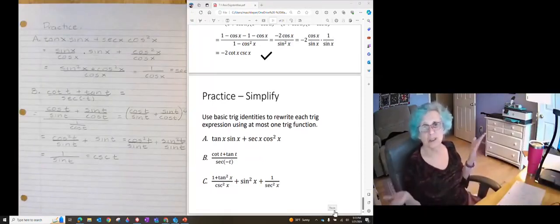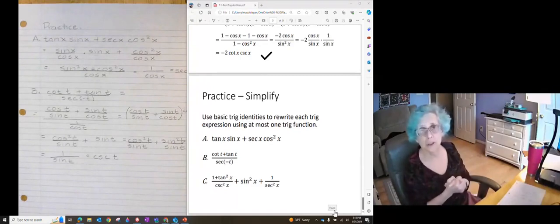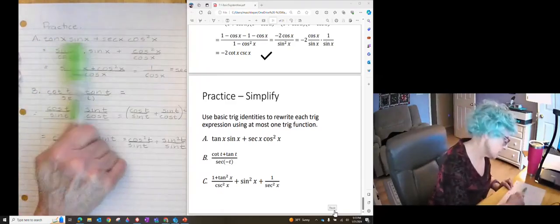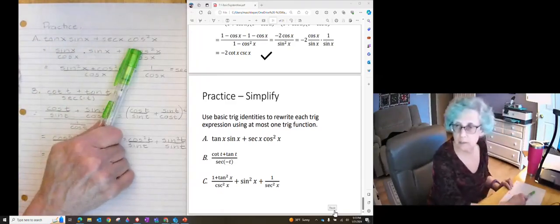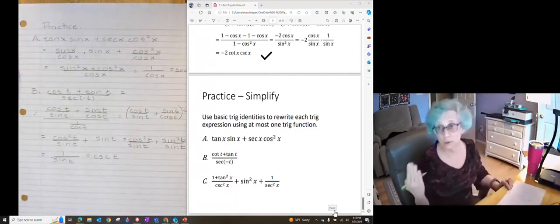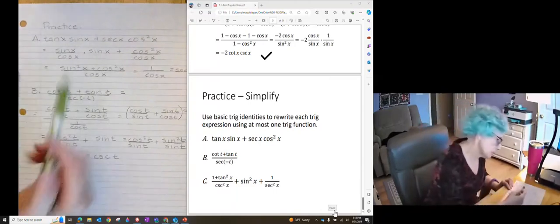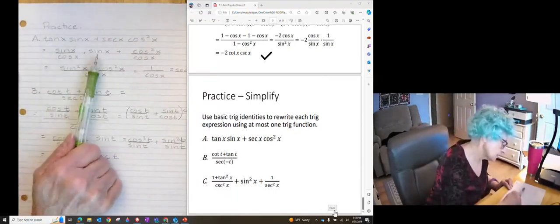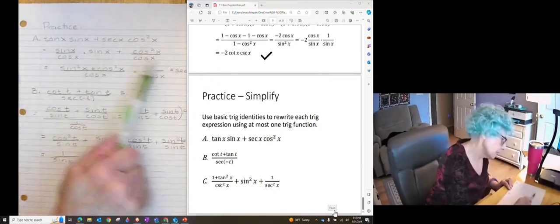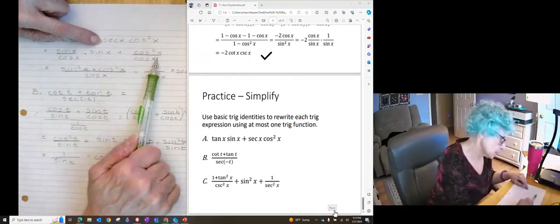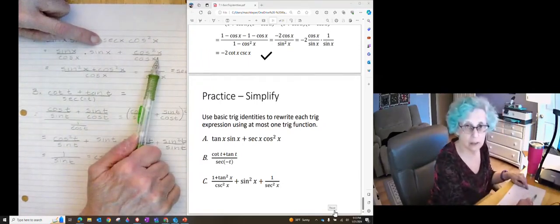And here's all the pretty answers. So hopefully you tried those practice problems on your own. Now we'll compare. We start with tangent times sine plus secant times cosine squared, and I want to rewrite it with only one trig expression in it. So I have sine over cosine times sine plus secant is 1 over cosine, and I just stuck the cosine squared on top.